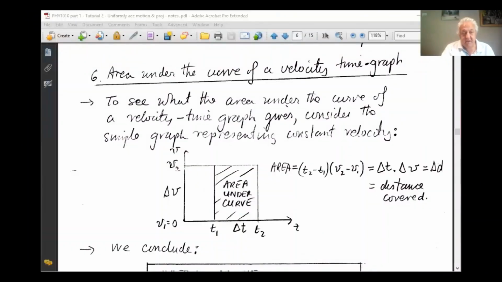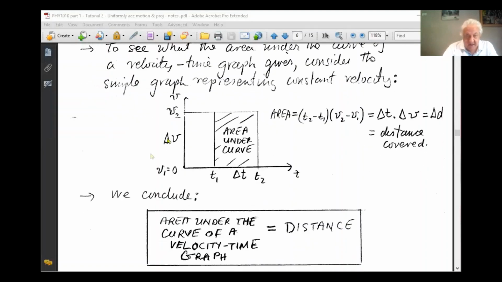We come now to another important feature of a velocity time graph, and that's the area under the curve of a velocity time graph. To see what this means, let's consider the simple case of constant velocity. Then we take a time interval from t1 to t2, and the velocity interval from 0 up to v2.